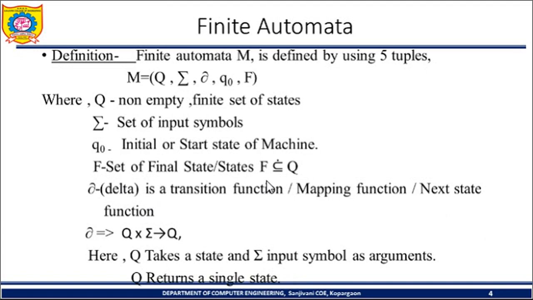There may be a case where we have more than one final state. Delta is a transition function, mapping function or next state function. Delta is described as Q × Σ, that is, the current state and current input alphabet give the next state.